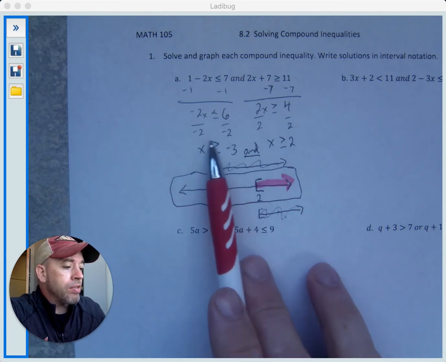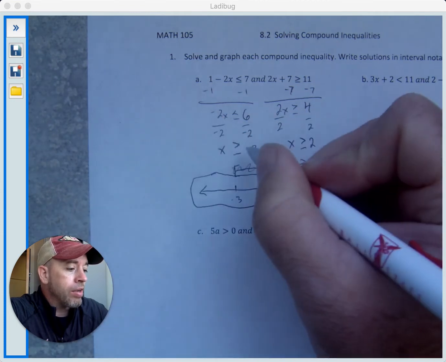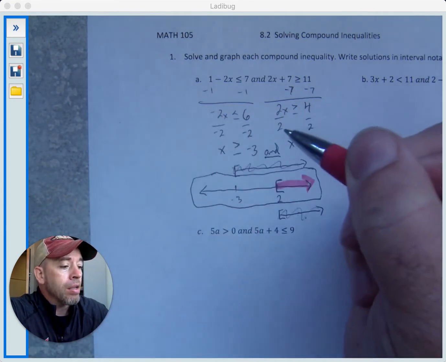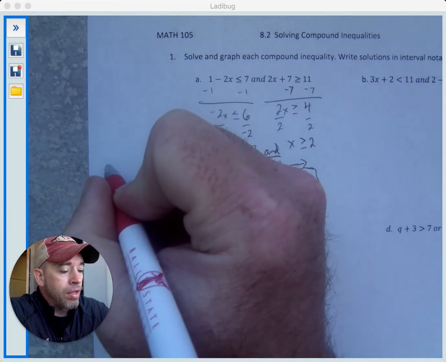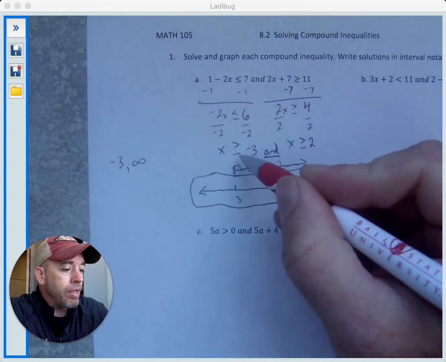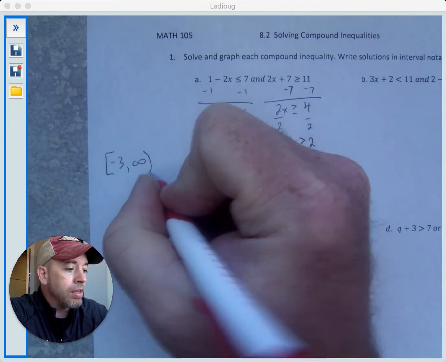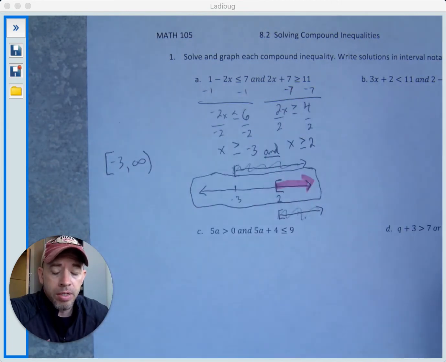So the interval notation for this one, I'm going to write out to the side. We'd have everything greater than or equal to negative 3, so we would have negative 3 comma infinity. We have an equal to bar, so there's a bracket with the negative 3, and a parenthesis always with infinity. And "and" is replaced with the intersection symbol.